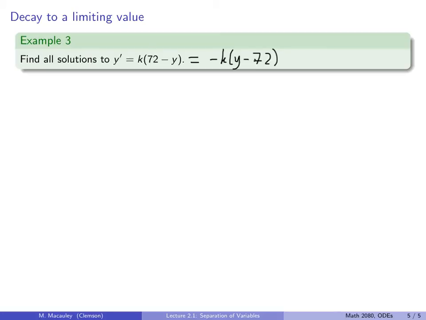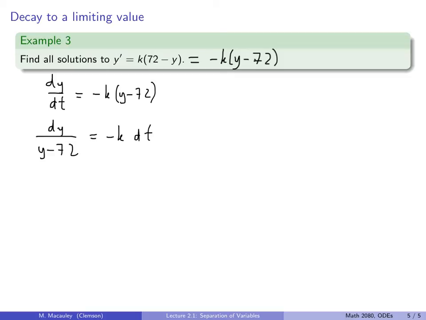Okay, so let's write this as dy dt equals negative k y minus 72. We didn't have to do that right away. We could have done it later, but I'm going to get you in the habit of doing it first. And now we separate variables. Dy over y minus 72 equals negative k dt.